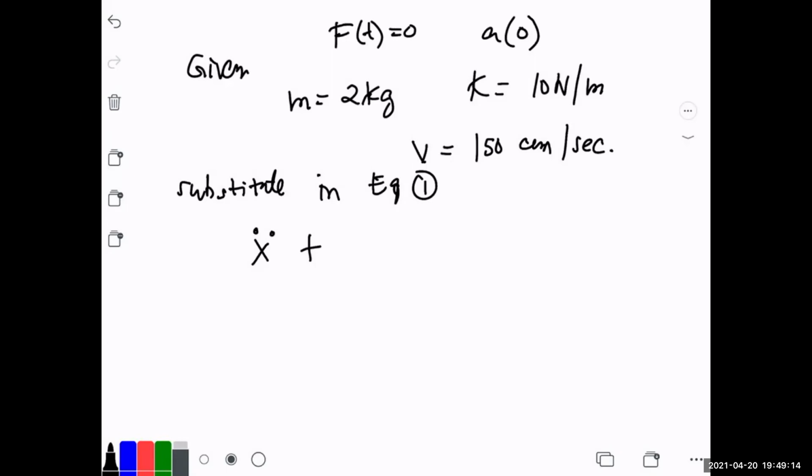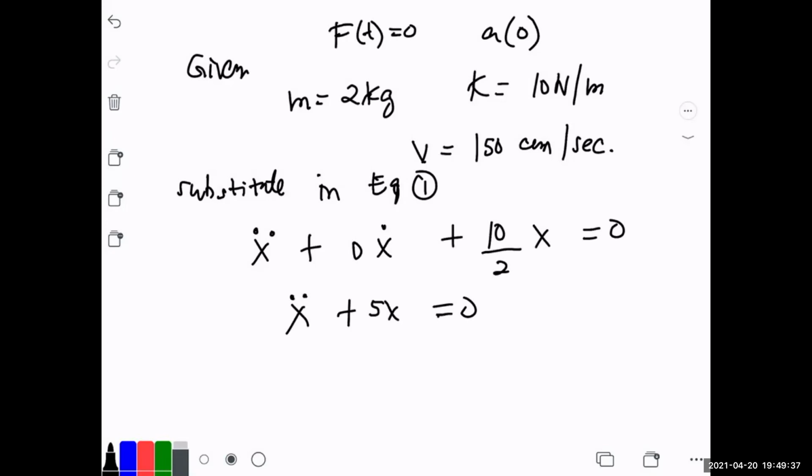So 0 times x dot, and then 10 over 2 of x equals 0. So x double dot plus 5x equals 0. Okay, so this is our equation, a second order linear differential equation.